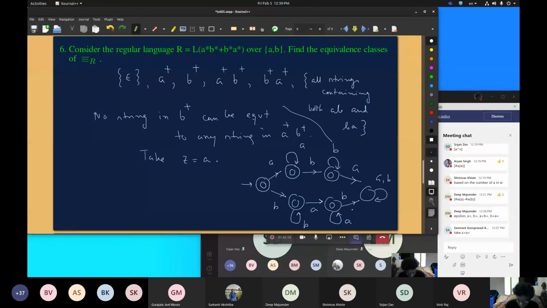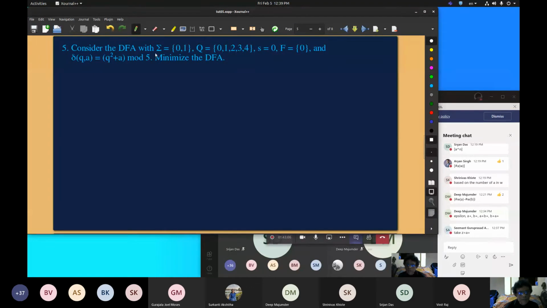Okay, so I could not complete this one, so it would be good that you try this. Draw the DFA and run the DFA minimization algorithm on this small example. 5 states. And if you want, I can solve it offline and post it.